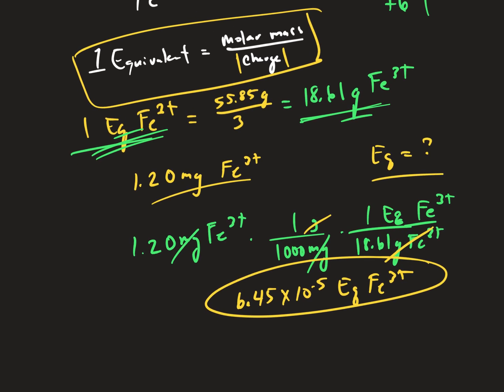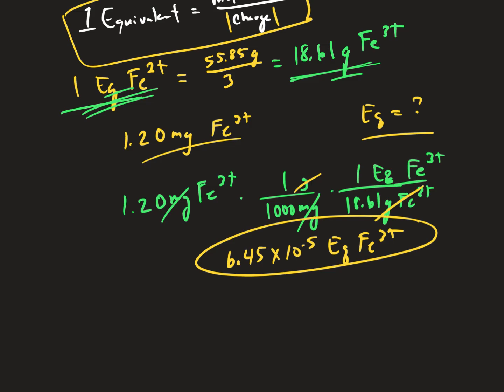What if we want to know how many milliequivalents there are? Can we convert this to milliequivalents? Is that any different than converting liters to milliliters? No, it's the same. 1,000 anything is equal to 1 of that same thing, right?